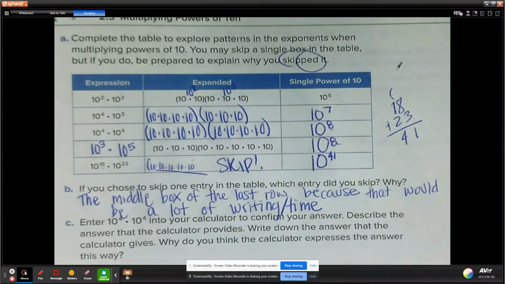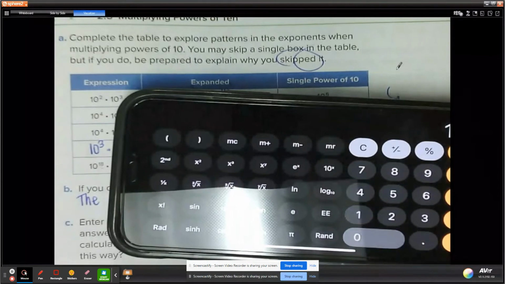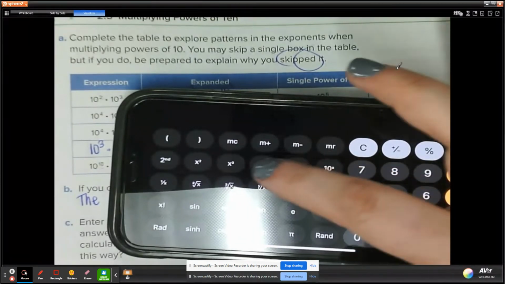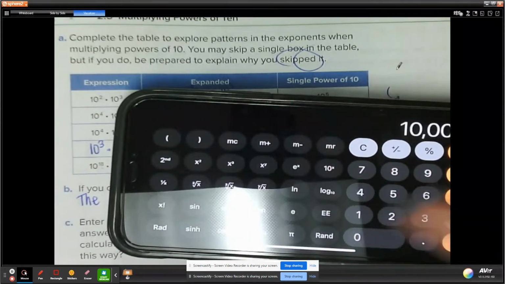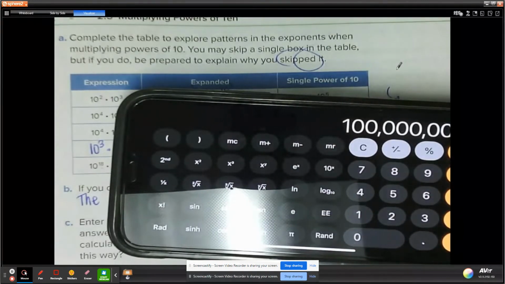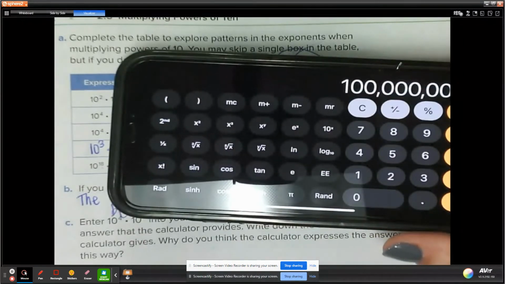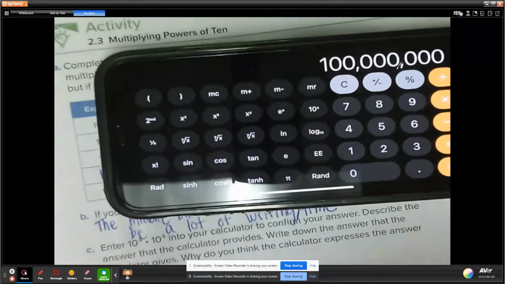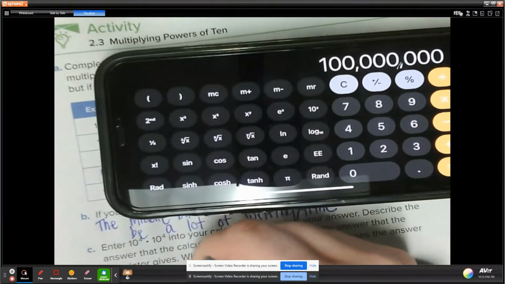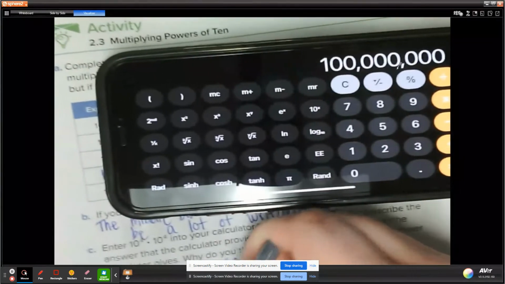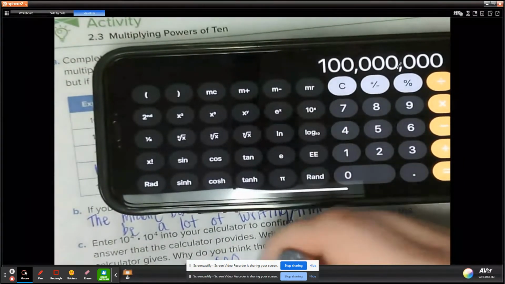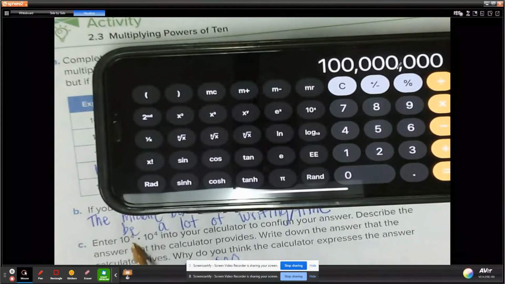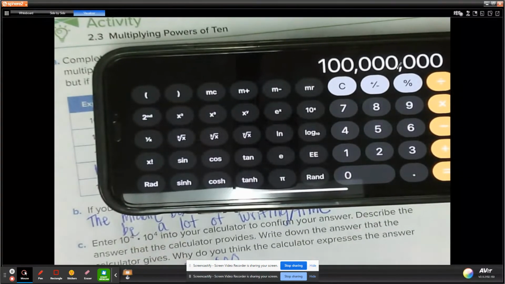So, calculator, 10 to the 4th times 10 to the 4th. 100 million. Okay. I think it expresses the answer this way because 10 to the 4th times 10 to the 4th is 100 million.